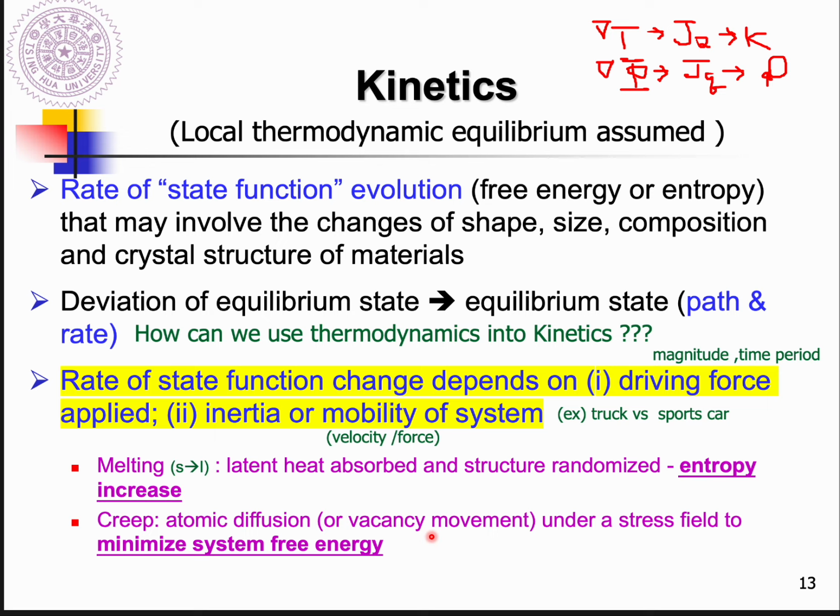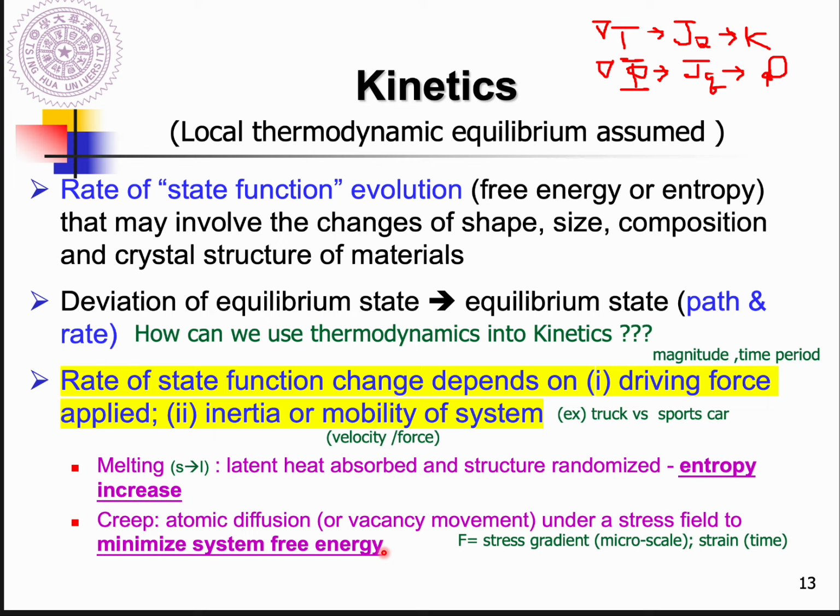That is what we call creep. The mechanism behind it is that this metal bar is under a stress field, and this stress field will drive the mass transport or diffusion, which will lead the metal bar to get longer and longer. If you try to find the driving force, it will be the stress field gradient, and that will result in the strain, right? Because it will get longer and longer.